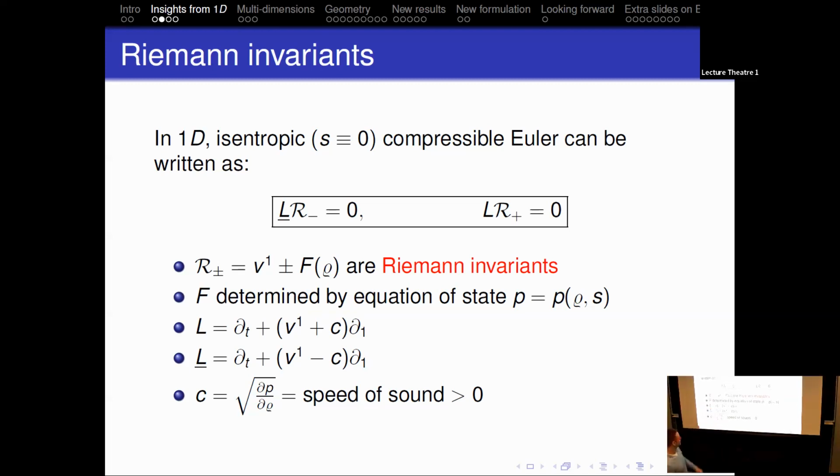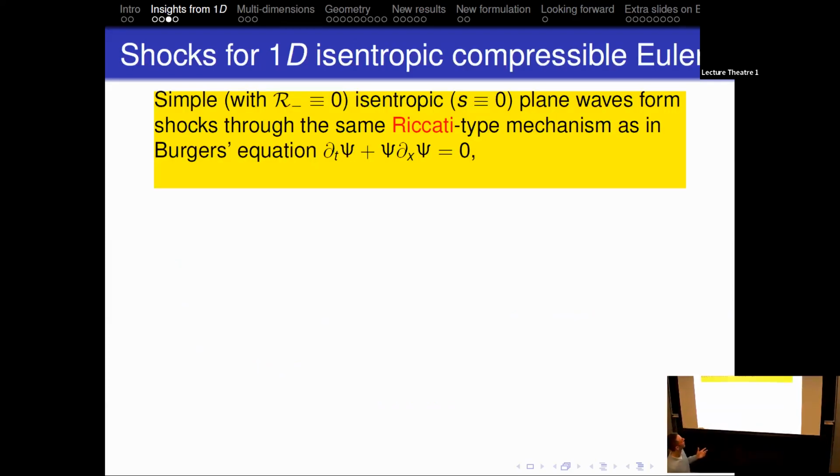Okay, and so then a special class of solutions among these are the simple waves. And simple waves are such that one of the Riemann invariants completely vanishes. And for me, the one that vanishes will be R minus. So the interesting dynamics are all tied to R plus. Okay, and this reduces to a single scalar equation, and you can study the phenomenon of shock formation using essentially the same analysis you would do for Burgers' equation.